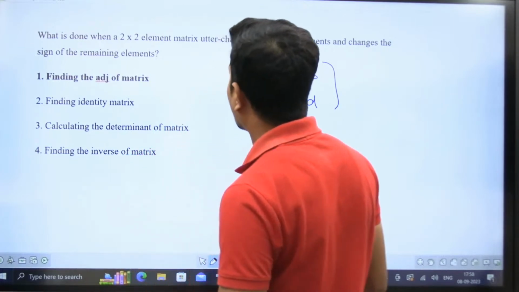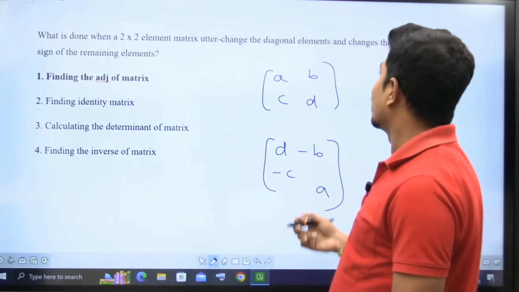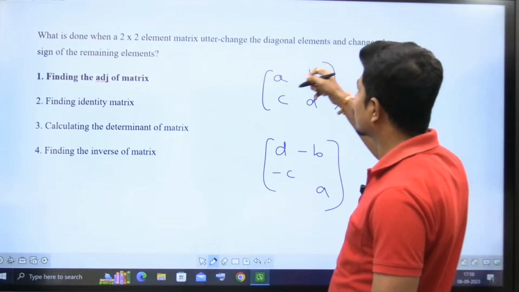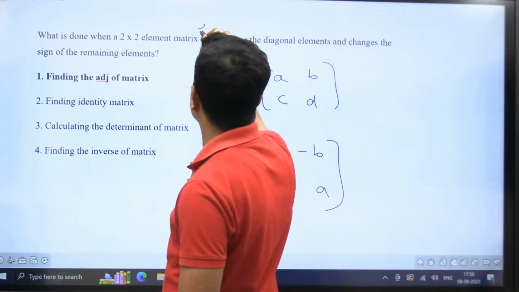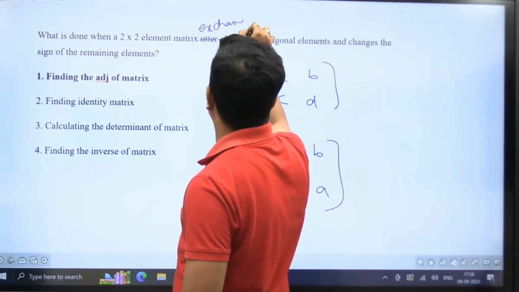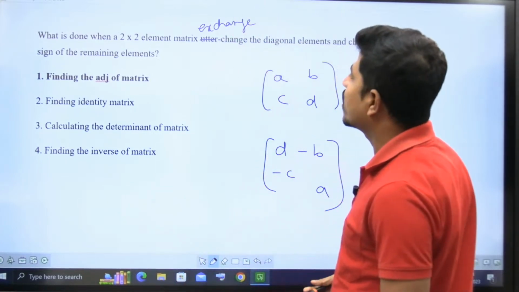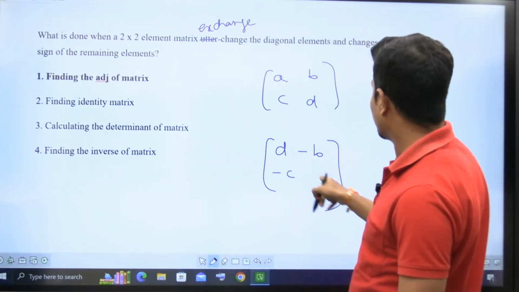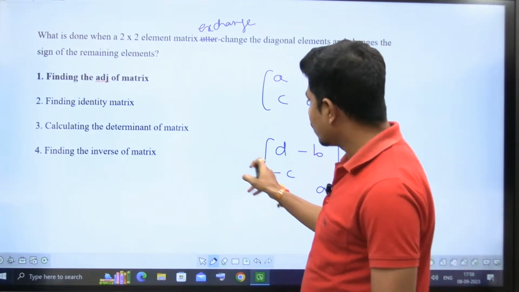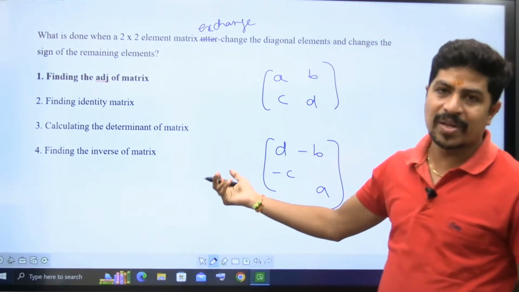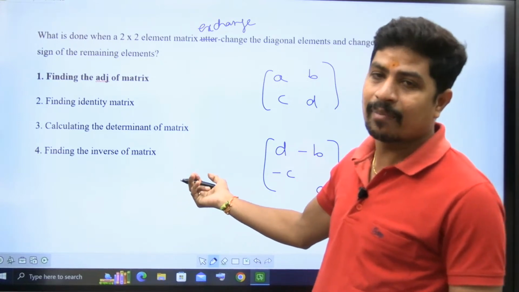He's saying that the diagonal elements are exchanged and the sign of the remaining elements is changed. I'm not dividing by 1 by AD minus BC, the determinant, I'm not doing it.